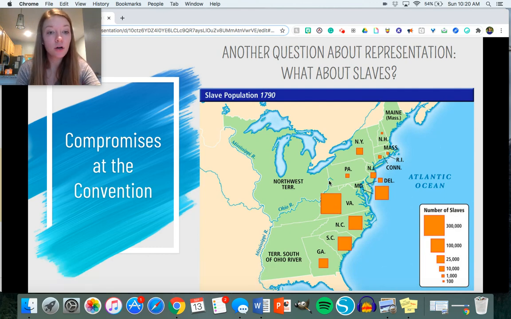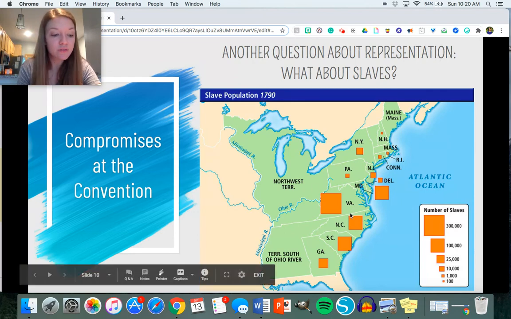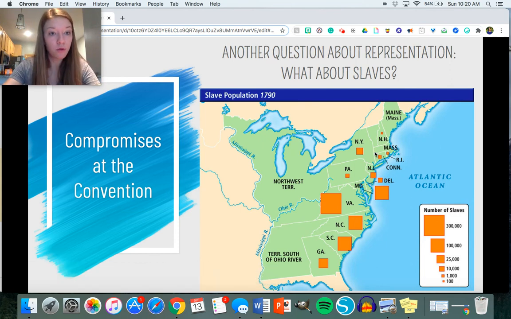And this is going to cause some tension, again, between northern and southern states. So ultimately, the southern states wanted to count slaves toward representation, because by counting slaves, votes in those slave states would have more sway than voters in non-slave states, because there would be more people, so they'd have more representation.